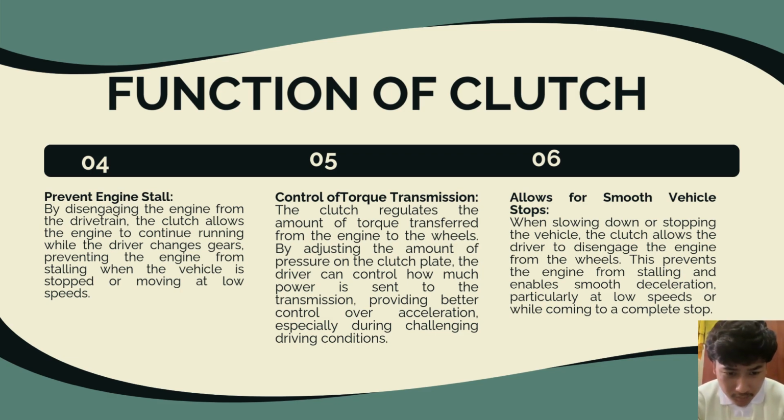Next one is control of torque transmission, controlling the torque from the engine to the wheel by adjusting the amount of pressure on the clutch plate. The last one is allow for smooth bicycle stop. When slowing down or stopping the bicycle, the clutch allows the driver to disengage the engine from the wheel.